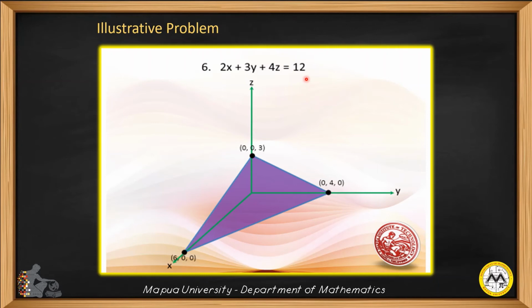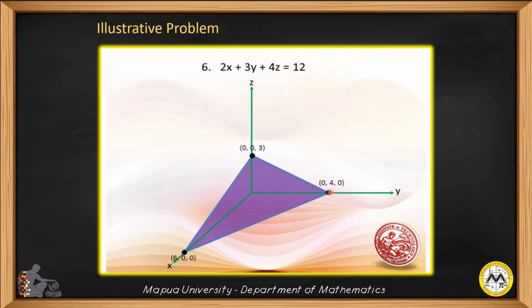So you can start with that, determining the x, y, and z intercepts. For the x-intercept, that will be the point where y and z are 0. If you set y and z equal to 0, you'll be able to solve for x out of 2x = 12, or x = 6. So we're able to locate the x-intercept, and this is the point (6, 0, 0).